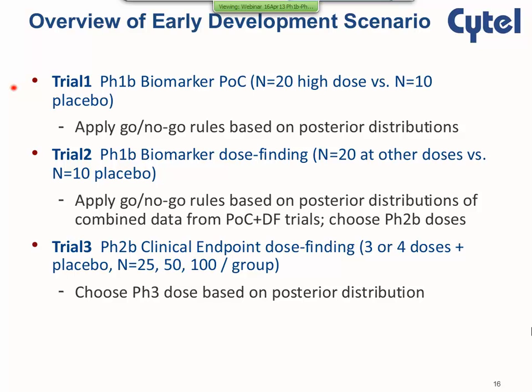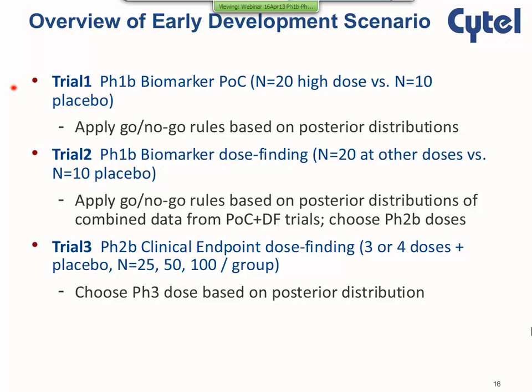And then, if go, proceeded to the second biomarker trial, which added 20 response observations at the mid and low dose, and then 10 more on placebo, and applied the go, no-go rules. And then there was a combined analysis to estimate the posterior distribution of the Emax model parameters if we followed the path that went through the second trial.